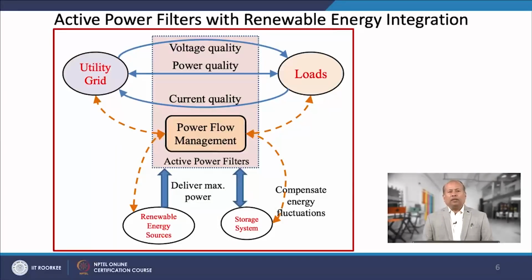Now, let us consider two ideal cases. In the first, the utility grid has good voltage quality for operating equipment satisfactorily, and in the second, the loads are not injecting any harmonic currents at all.